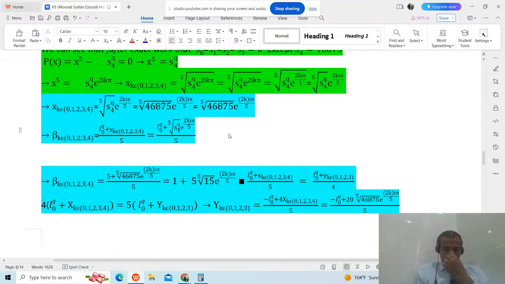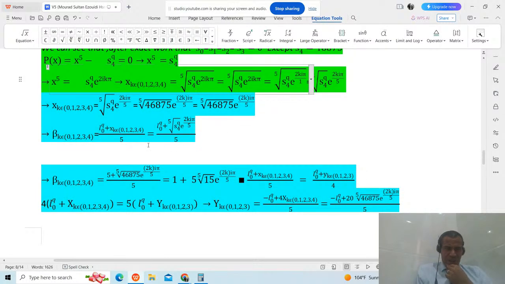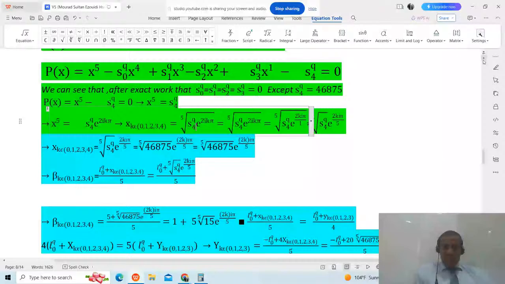Now we see xk equals the fifth root of 64,065 exponential 2kiπ. These are the roots of this polynomial. But the roots of the original polynomial are from 0 to 4.